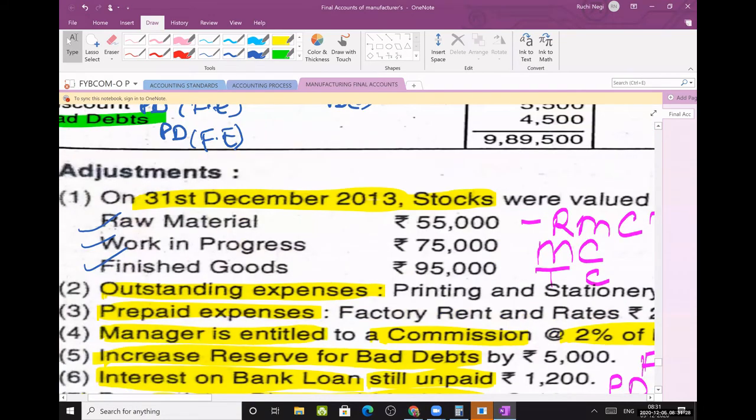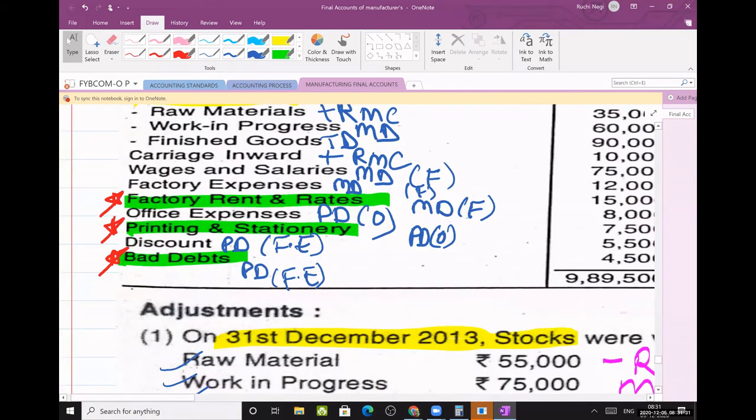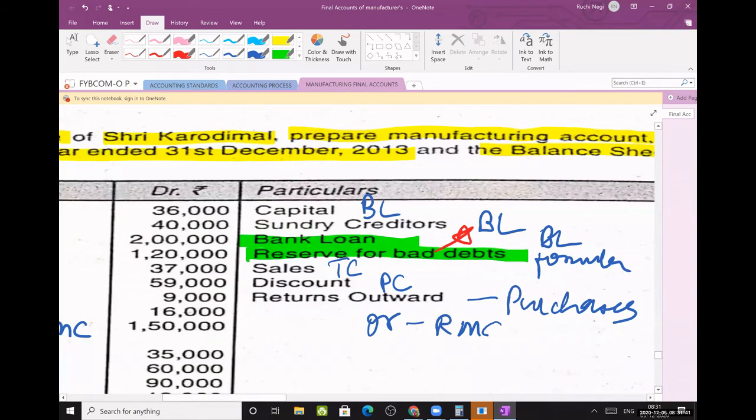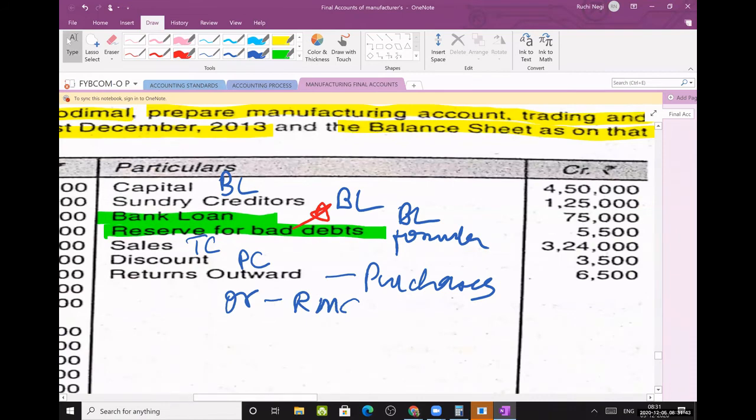So how much was it earlier? Increase by 5,000. 4,500. It was 5,500. So 5,500 plus 5,000 is how much? 10,500. Okay.